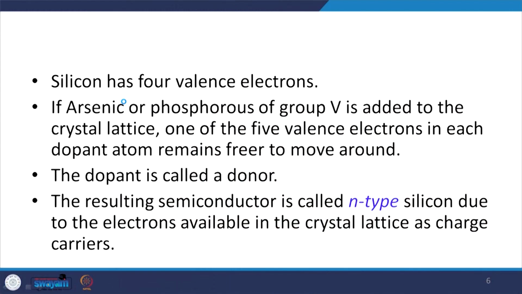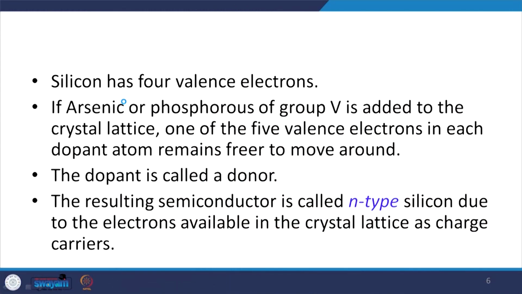Silicon has 4 valence electrons. So, if we are adding arsenic or phosphorus which has 5 electrons, then totally we will be having 9 electrons. The 8 electrons will make it ideal basically. So, the one additional electron will be the free electron.